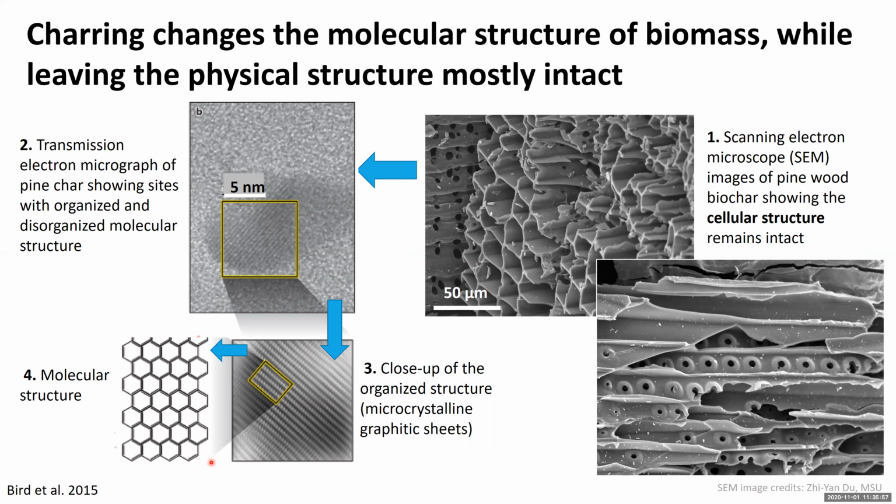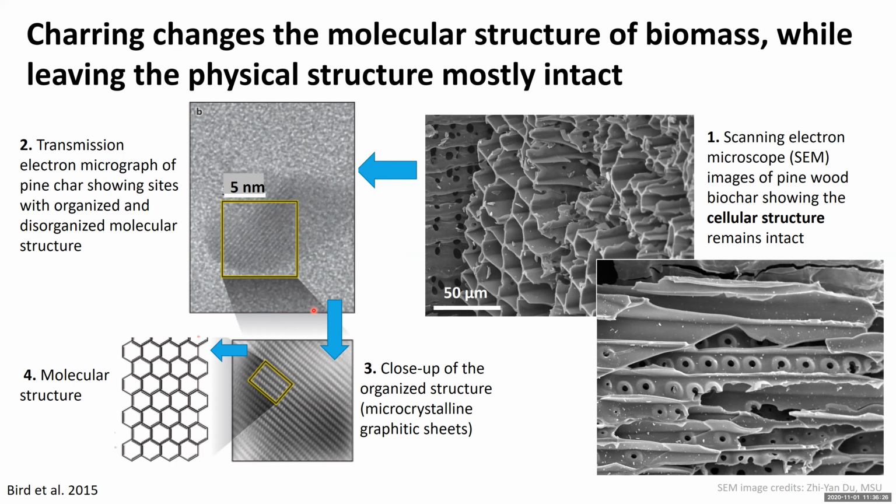So this molecular structure does not leave room for many other types of atoms or elements or nutrients to be present in the biochar, which is why biochar is high in carbon and tends to be very low in other nutrients. But you'll notice that this image number 2 up here shows an organized domain as well as a surrounding area that we'll call a disorganized domain, or areas that do not have this linear pattern.